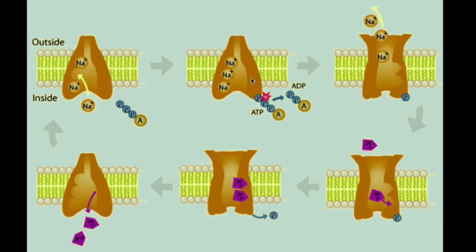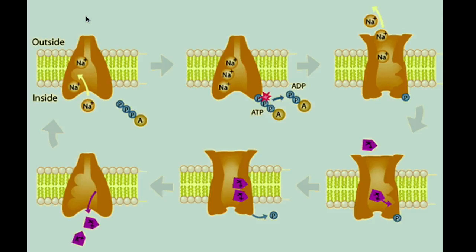Now, what's interesting here is that this image, which we see as a cycle here, will move through so that we can move sodium from a low concentration. Sodium actually is a low concentration inside the cell, in the cytosol. There is a high concentration of sodium outside the cell. So it will be moving from an area of low concentration to an area of high concentration.